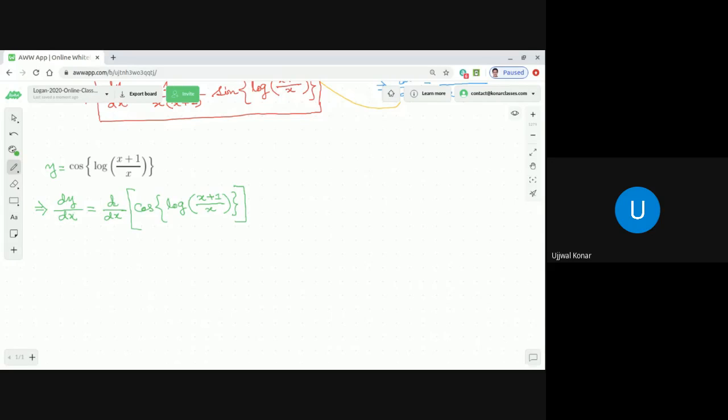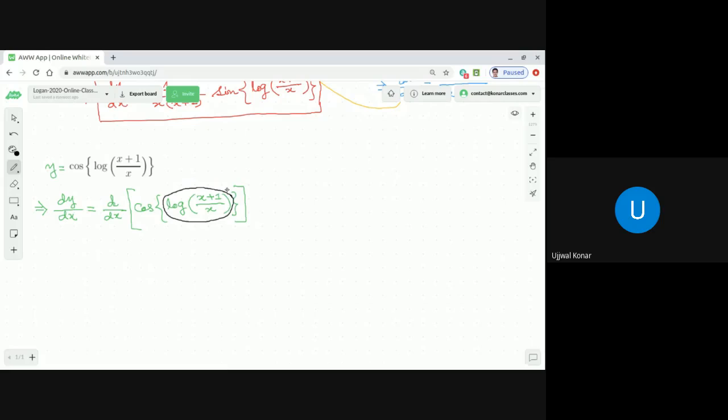Now, what will be our first target? Cos will be our first target. Whatever is inside cos, I mark it as a black box. Black box generally means I do not know what is inside and I am not interested in knowing.